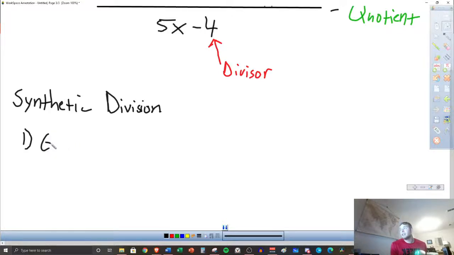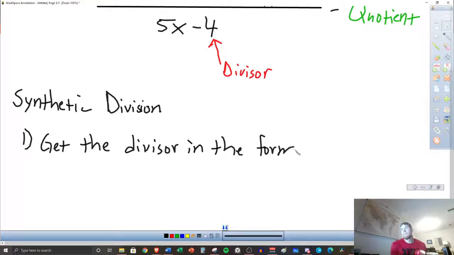First, you want to get the divisor in the form x minus r. Sometimes it's already in this form, but you'll notice that we have an issue because of this 5, okay?